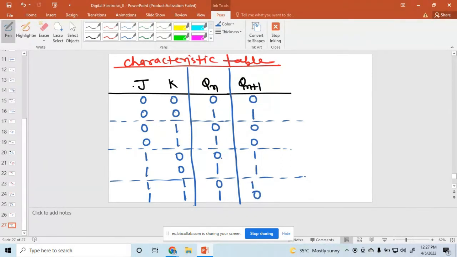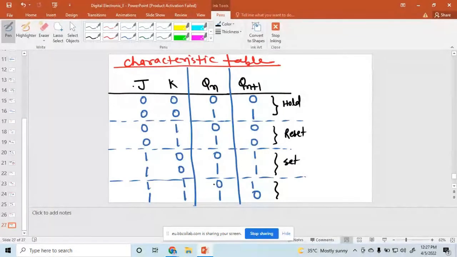So up to this point, does anyone have any thoughts or queries? Yes. This portion is simply called hold. For 01, the state is reset. So this one is the hold, and 01 is called reset. 10 is called set.